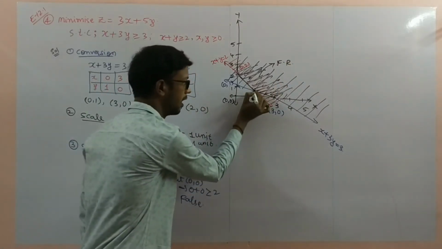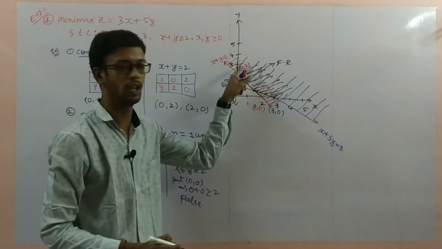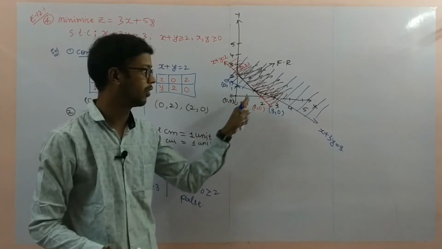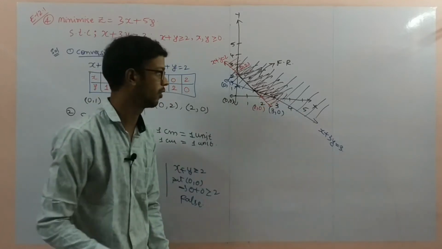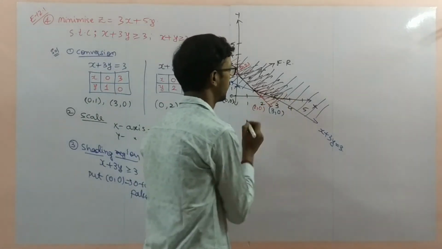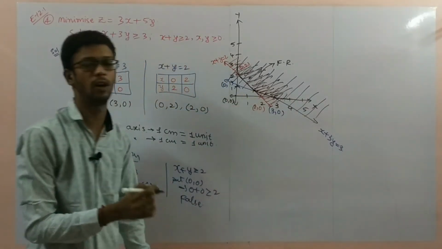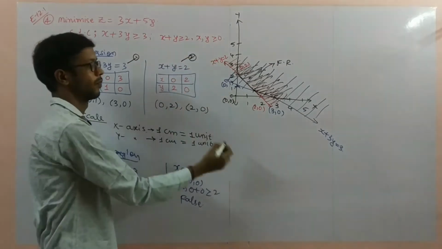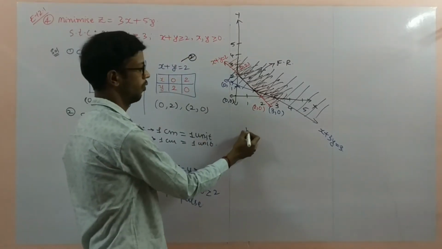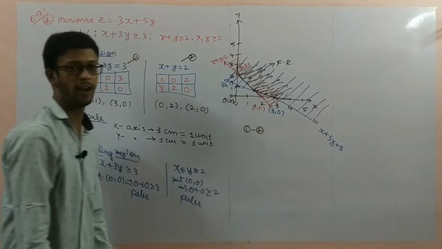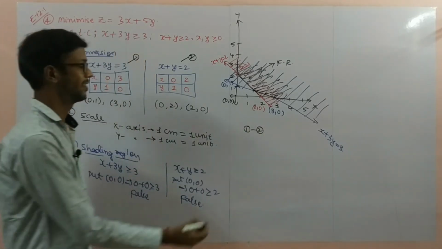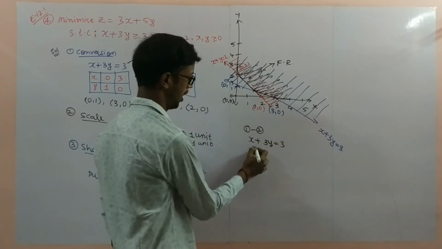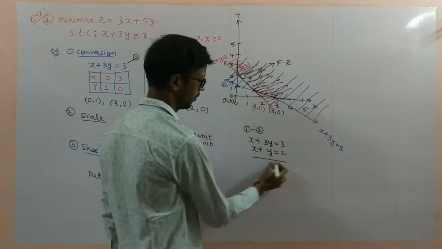For that purpose, the intersection points: this point we know is 0, 2, and another point is 3, 0. The line will continue. The remaining intersection point we have to find by solving equation 1 and equation 2. Subtracting 2 from 1: x plus 3y equal to 3, x plus y equal to 2.